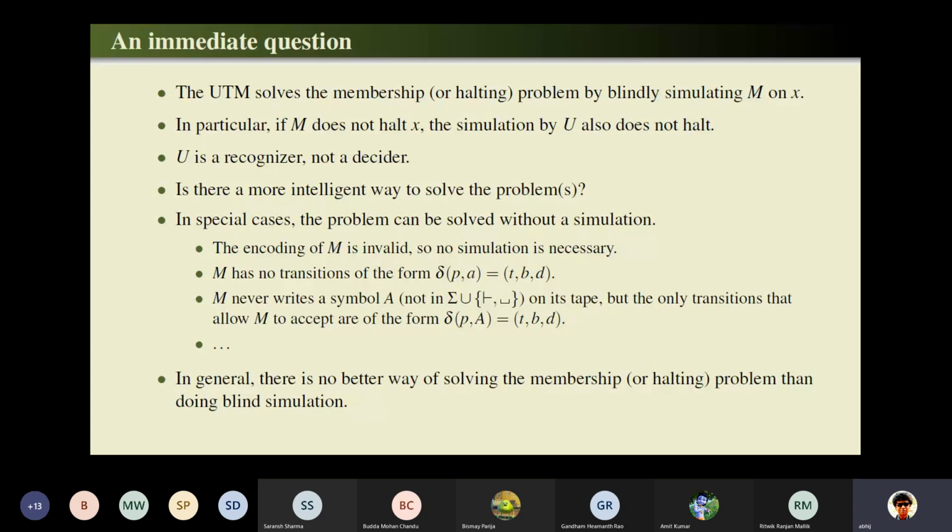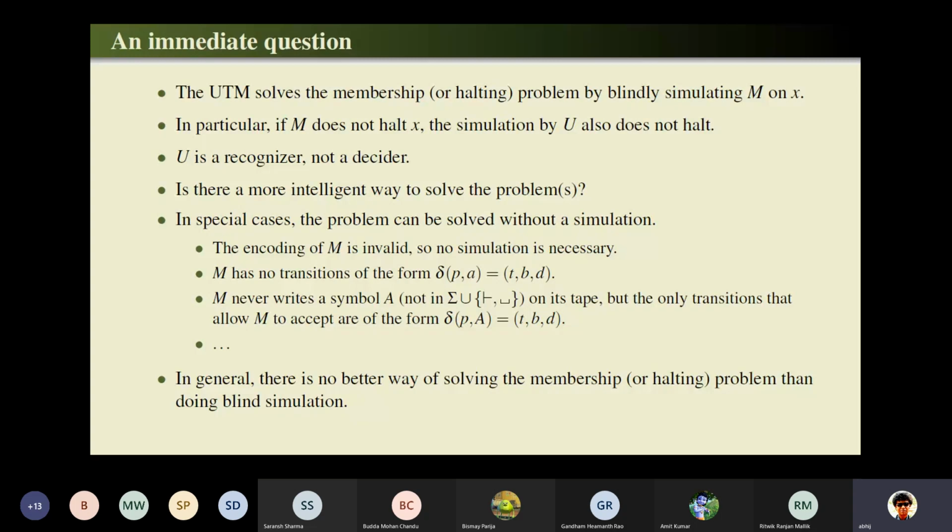In general means you leave out all the special cases that you need to handle, finitely many of them. Beyond that, there is no general way for a Turing machine that accepts MP or HP other than simulating M on X.